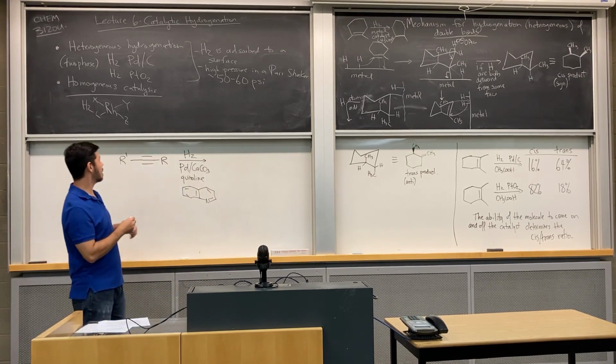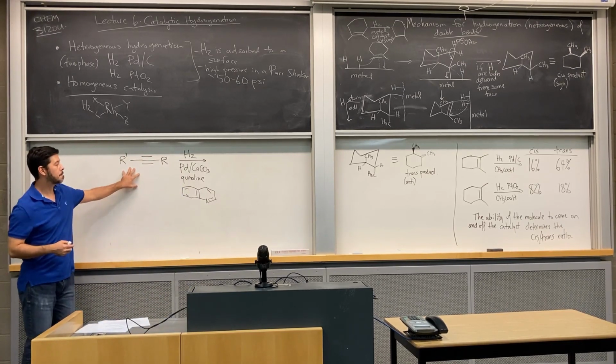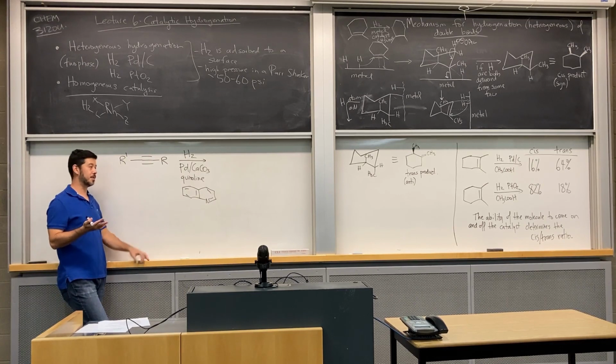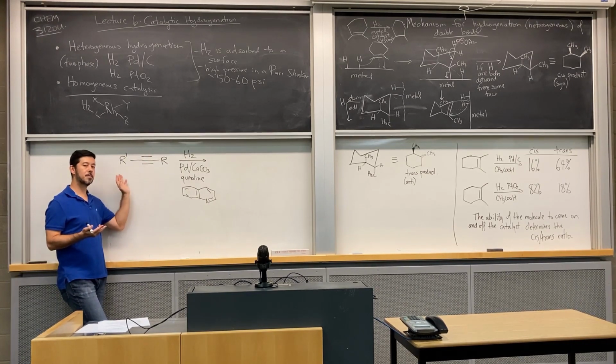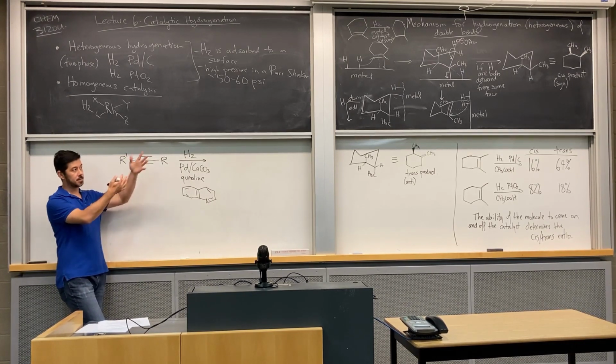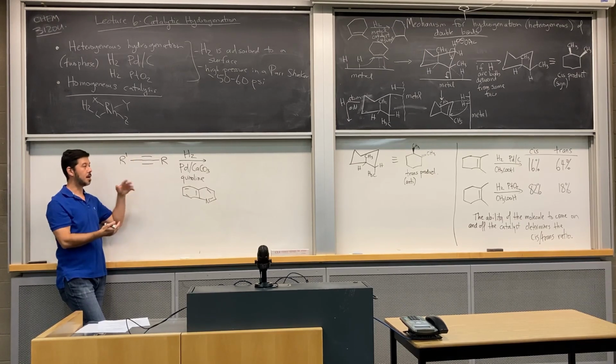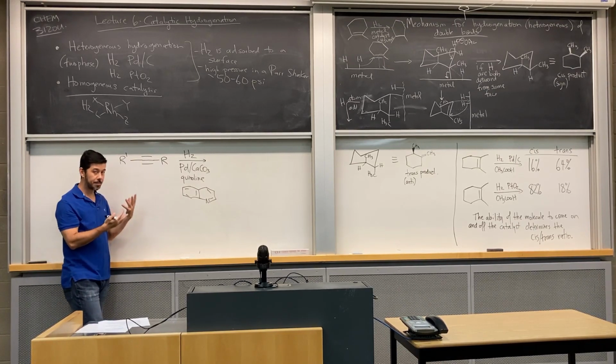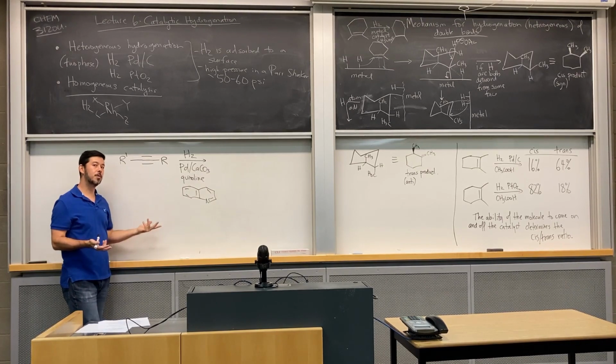If we do this reaction, we take this triple bond, a number of different things could happen. You can imagine the triple bond will coordinate to the metal complex, and then hydrogen will add to it. And the first time it happens, we're going to go from a triple bond to a double bond.